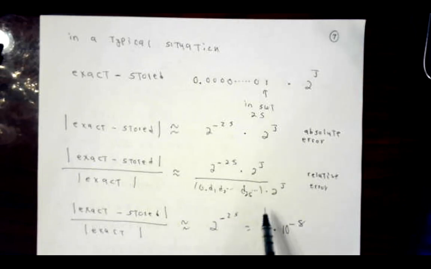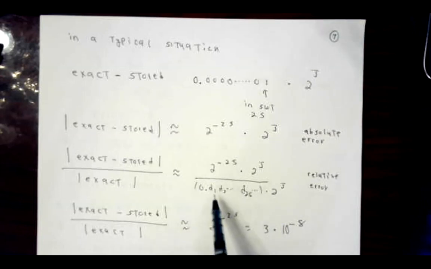The number on the bottom, if all of the d_i's were 1, this number would very nearly equal 1. If only the first one was 1 and the rest of them were 0, this number would be 1/2. The number inside the parentheses is between 1/2 and 1. So it's not very big, it's not very small, it's not terribly different from 1, really.